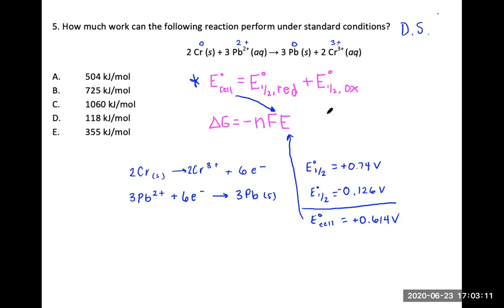In this equation, we need to know the N, and the N is the number of electrons transferred. For this reaction, it's going to be 6. And then F is a constant. It is how much charge a mole of electrons has. This number is on the data sheet.